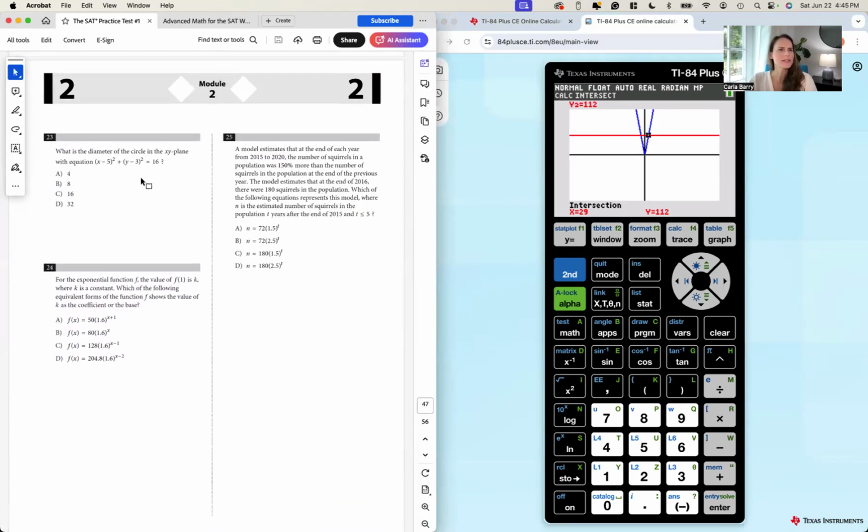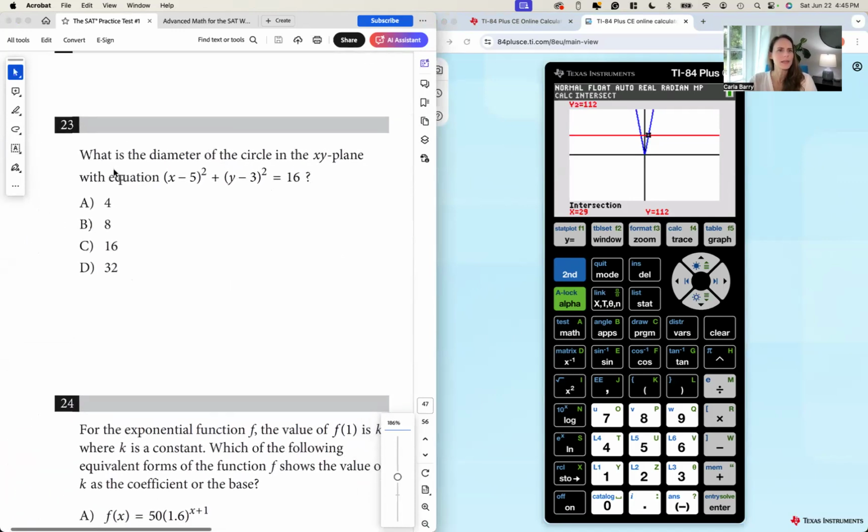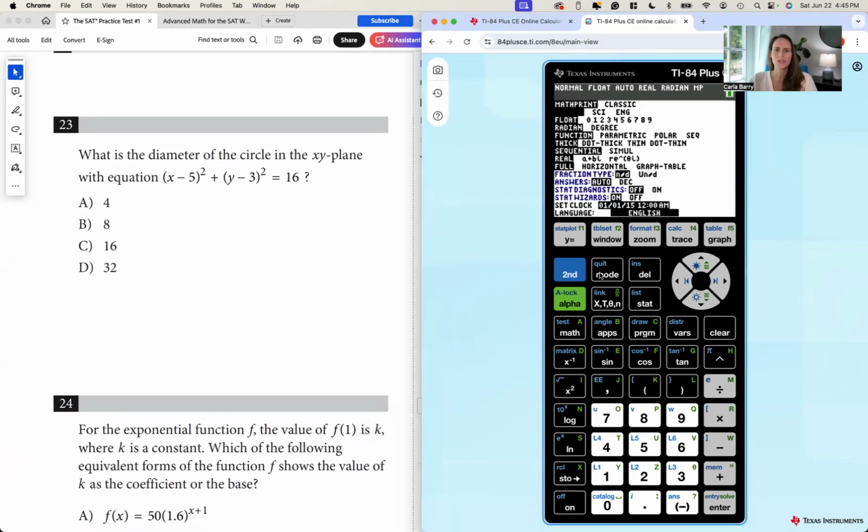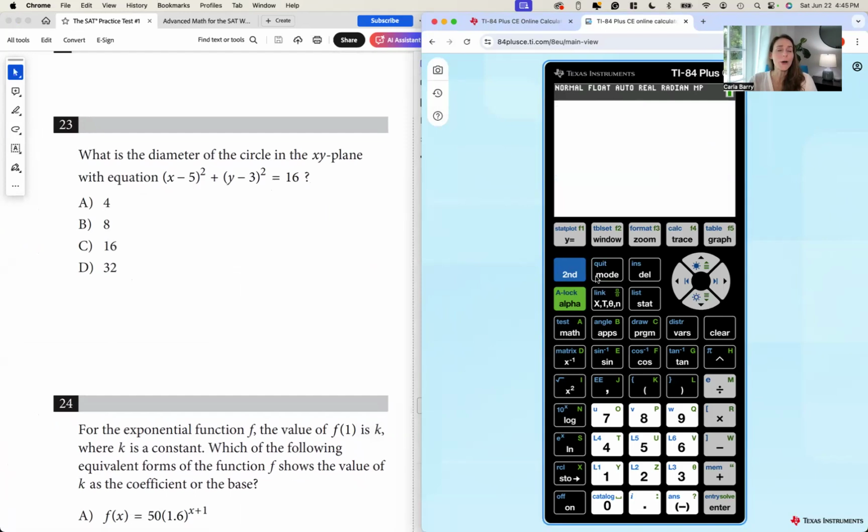This one too, what is the diameter of the circle in the XY plane with this equation? If you didn't know, and I hope that you're going to study those math core concepts, I didn't emphasize today how important they are for the SAT, but they are incredibly important for SAT math, that you know all the core concepts. And this equation is in the core concepts. But let's say this equation was not in the simple form, it was in standard form, or you just blanked on test day.